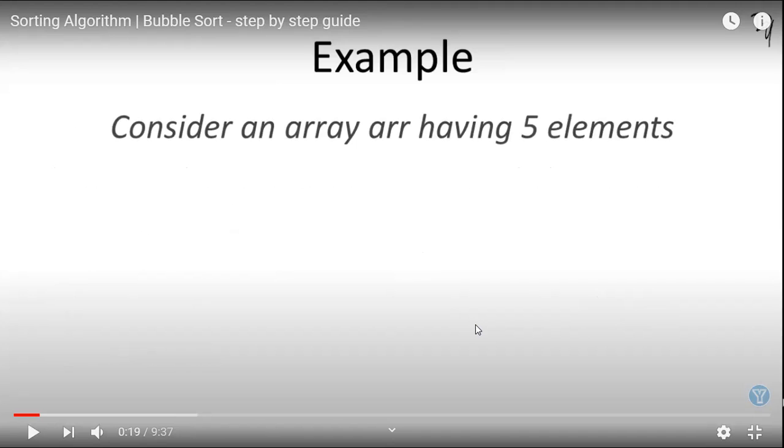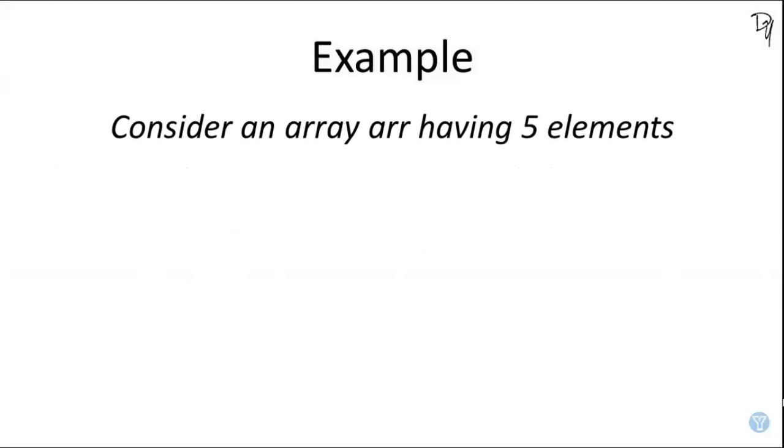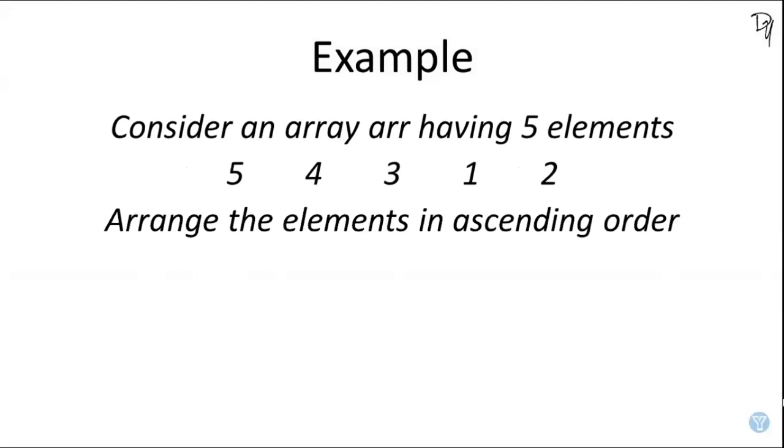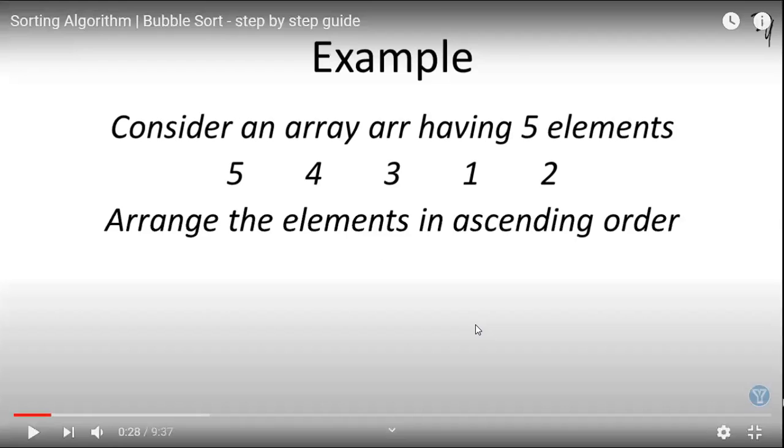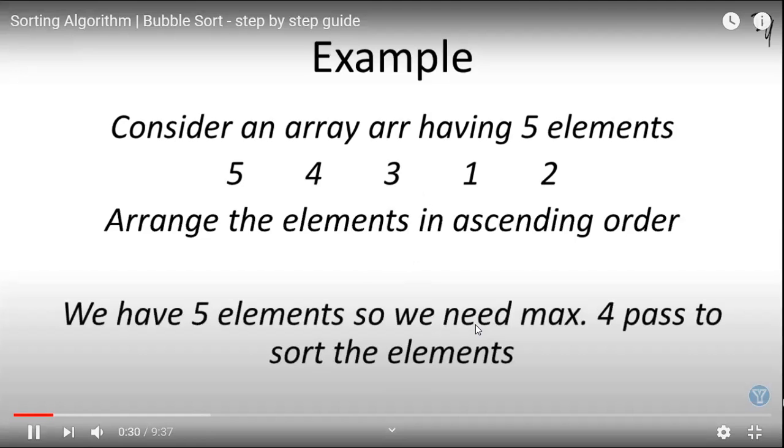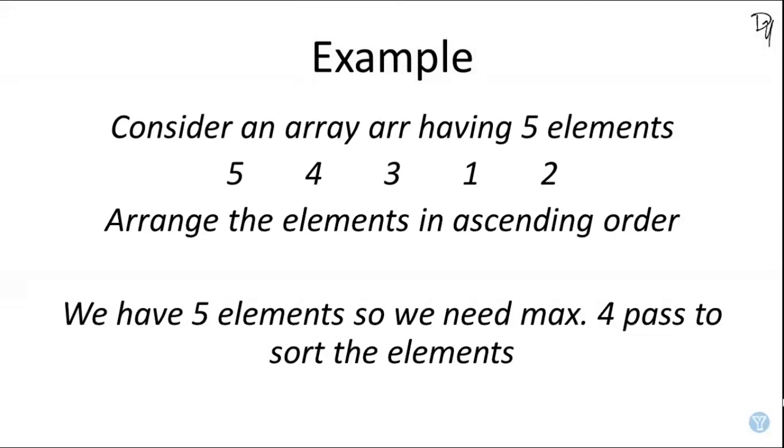Consider an array with 5 elements: 5, 4, 3, 1, 2. I have to make this in ascending order. So obviously the result is 1, 2, 3, 4, 5.